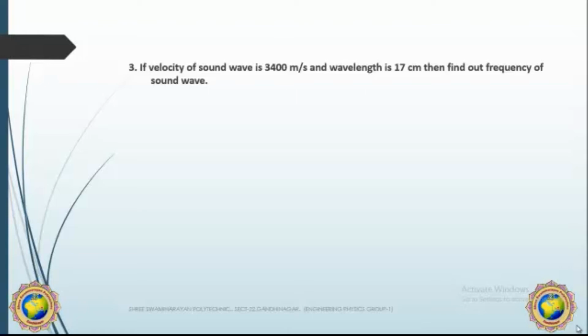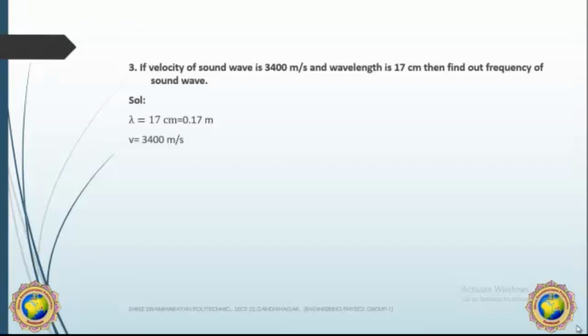Convert 17 centimeter into meter. Solution is lambda is equal to 17 centimeter divided by 100, so it is converted to 0.17 meter. v is equal to 3400 meter per second.